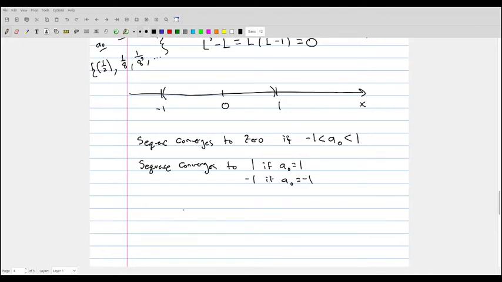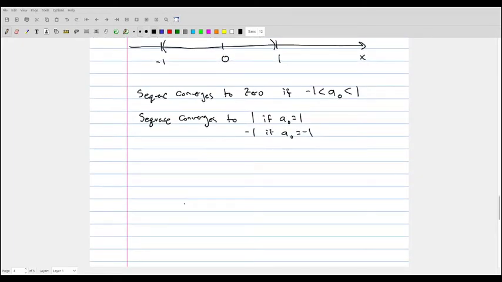Let's just look at the -1 one. If you look at an initial value of -1, -1 cubed is going to be -1, -1, and so on and so forth, all the way down the line. So therefore, if a_0 is equal to -1, the sequence just converges to -1 because it's a constant sequence. It stays at -1 for every single entry.